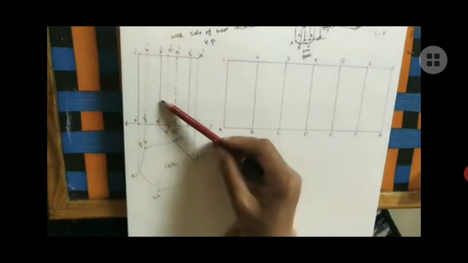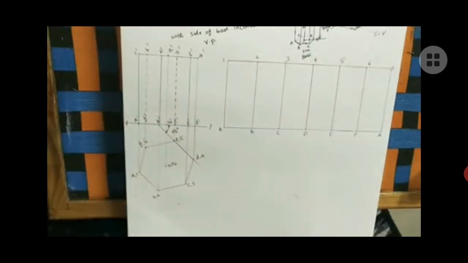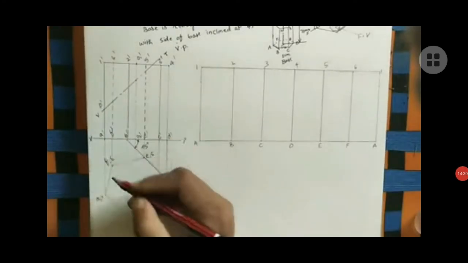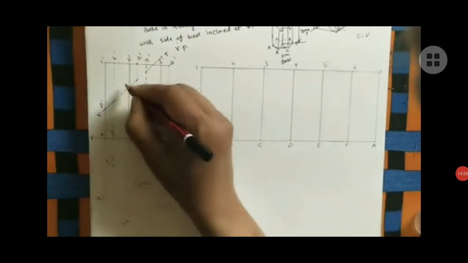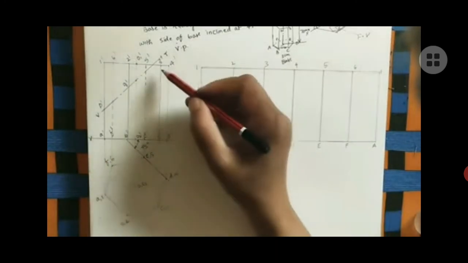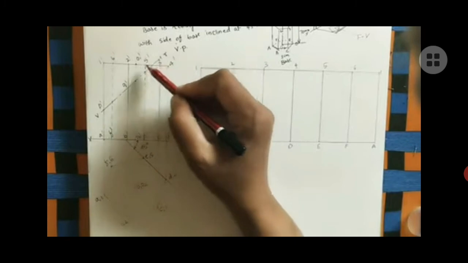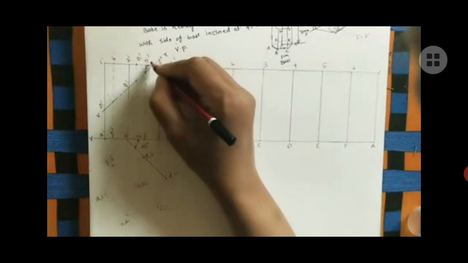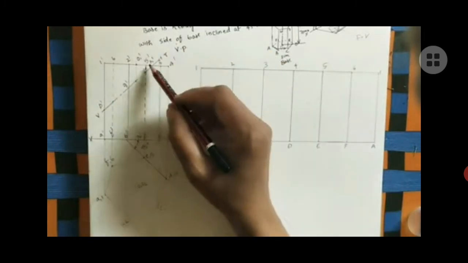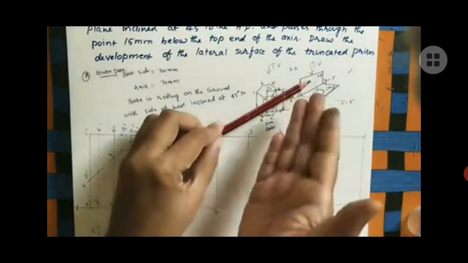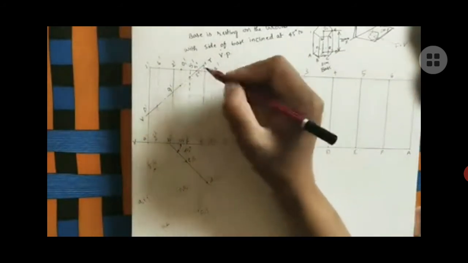There is one cutting at this point. Mark these edges P dash, Q dash, R dash, H dash, where it is touching.